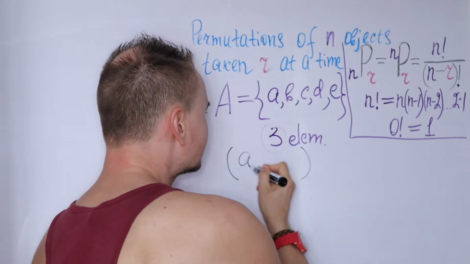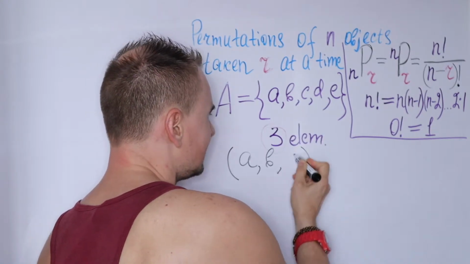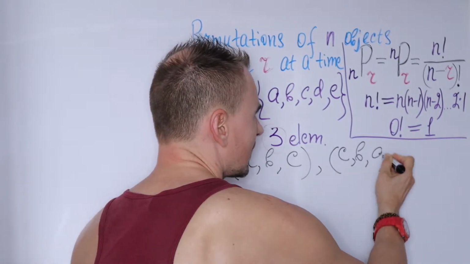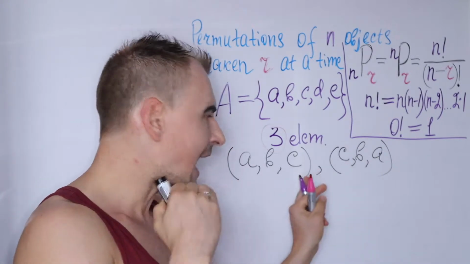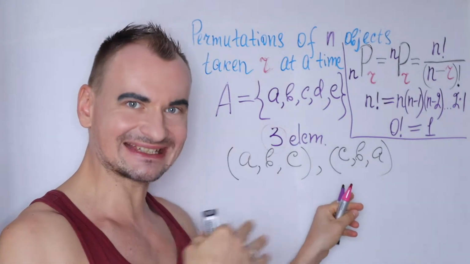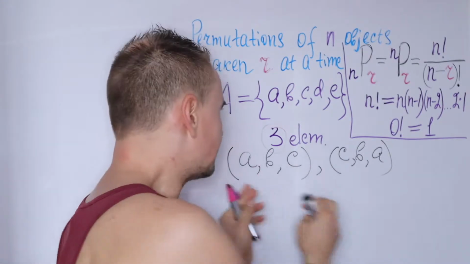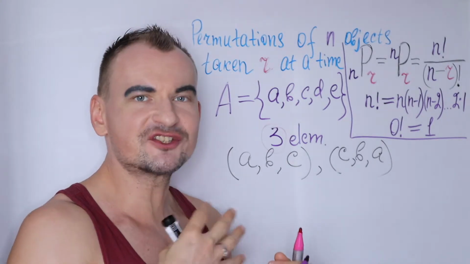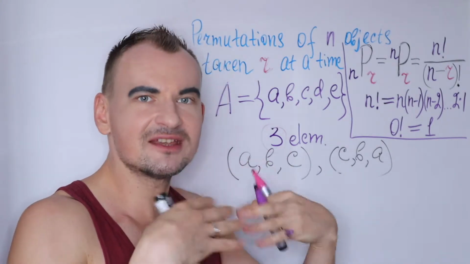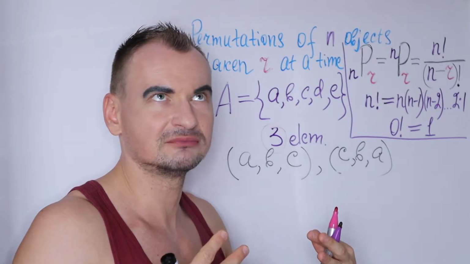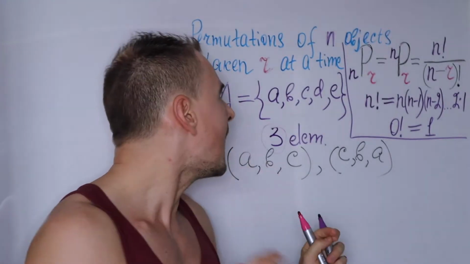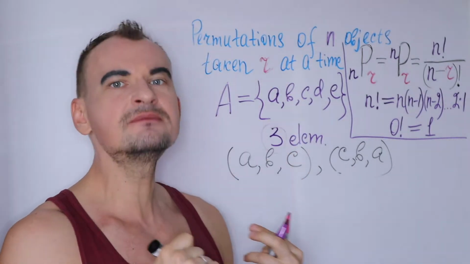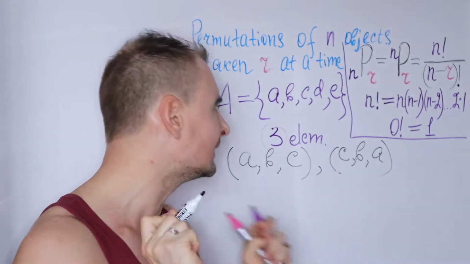Let me choose any 3 elements, say A, B, C. Now, I could also pick C, B, A. As I mentioned before, in terms of set conception, these are precisely the same, because we usually consider a set irrespective of order. Now, for permutations, and again I'm emphasizing this is the bottom line, the order does matter.